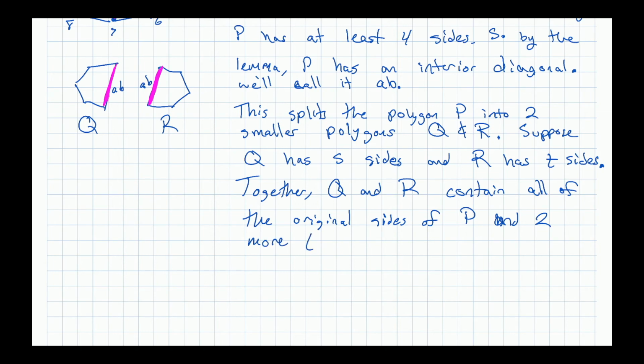And that's because AB is included in both Q and R, so it would get double counted.